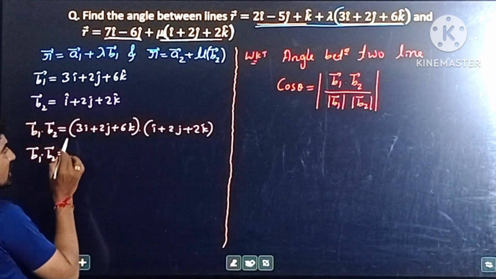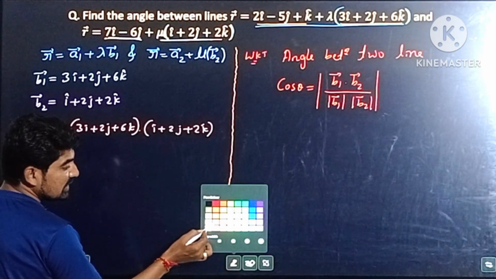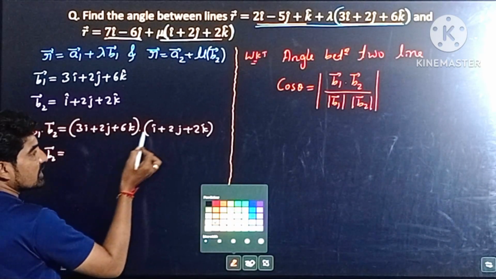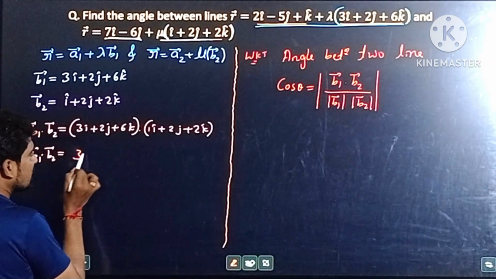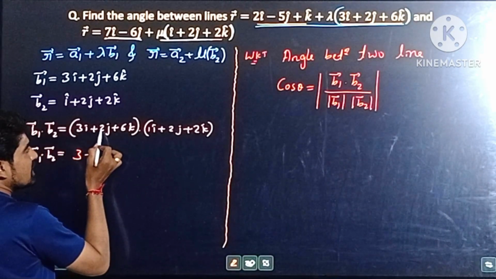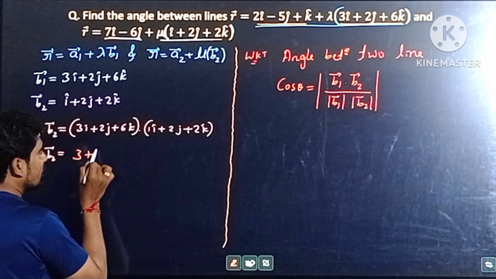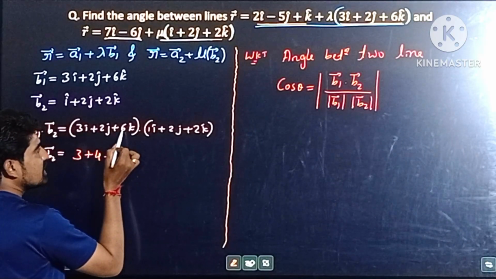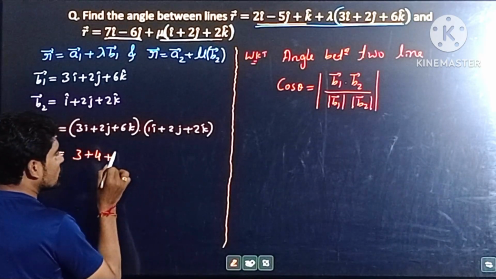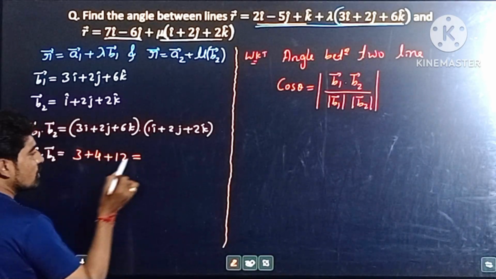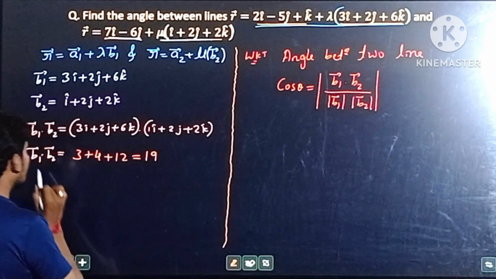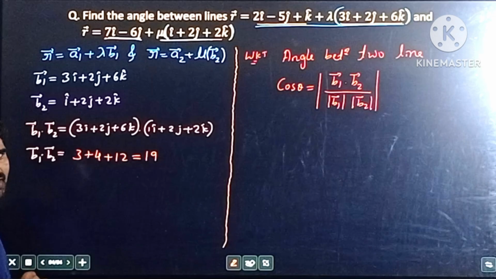In the first vector, the coefficient of i is 3 and in the second vector the coefficient of i is 1. Therefore 3 into 1, 3, plus coefficient of j 2 into 2, 4, plus coefficient of k 6 into 2, 12, which is equal to 12 plus 4, 16, 16 plus 3 is 19. Therefore b1 vector dot b2 vector is 19.